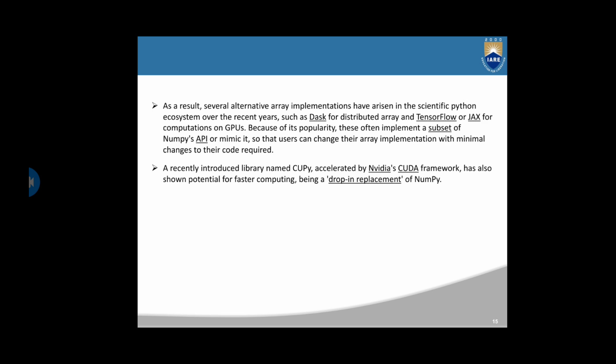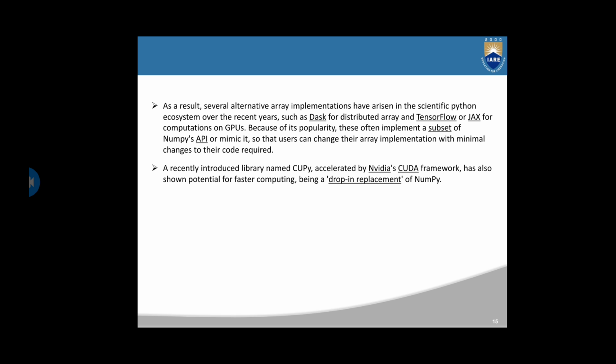As a result, several alternative array implementations have arisen in the scientific Python ecosystem over recent years, such as Dask for distributed arrays and TensorFlow or JAX for computations on GPUs.